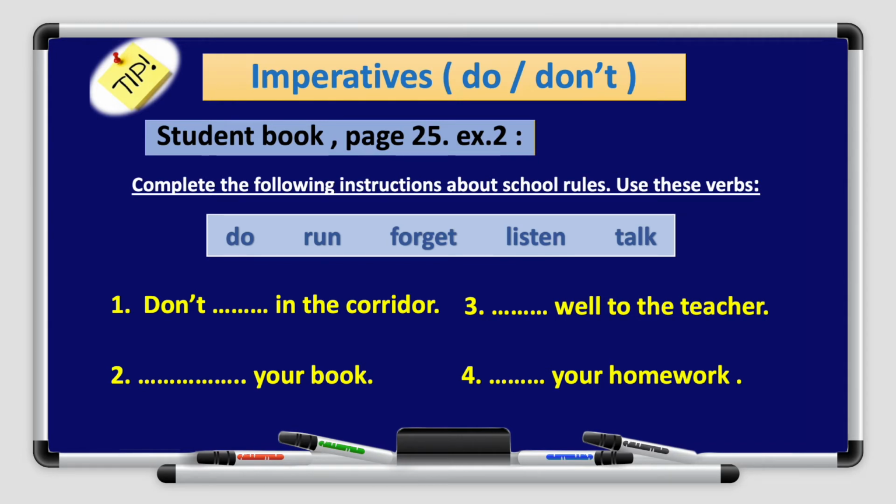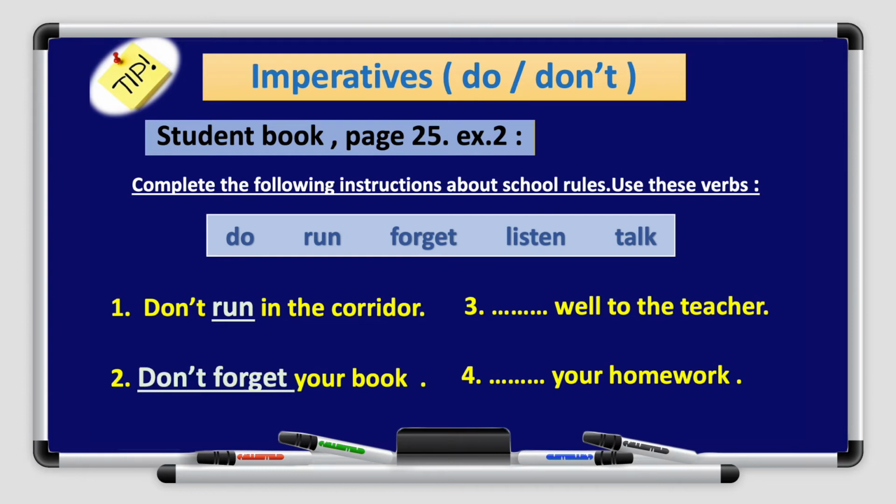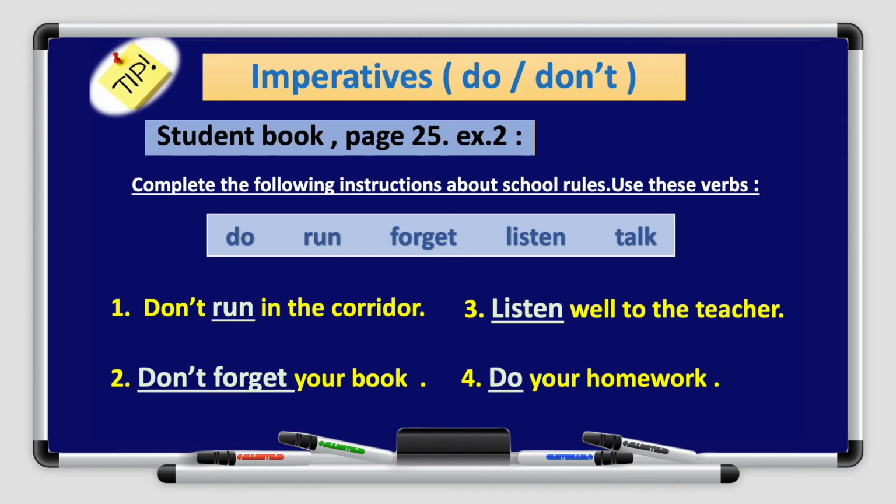What do you think? Which verb is more appropriate? Excellent. Don't run in the corridors. Number 2, how can I start this instruction? Good job. Don't forget your book. The third instruction. Excellent. Listen well to the teacher. And the last one, do your homework.